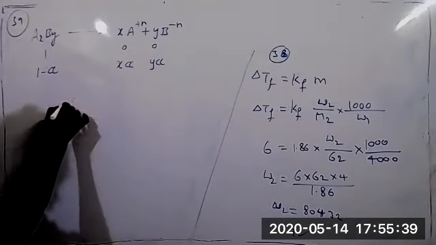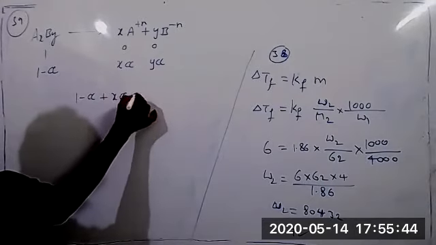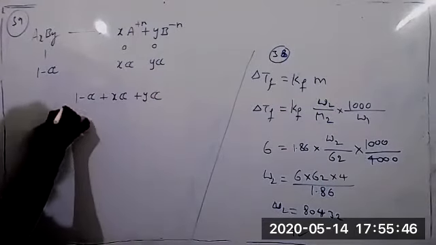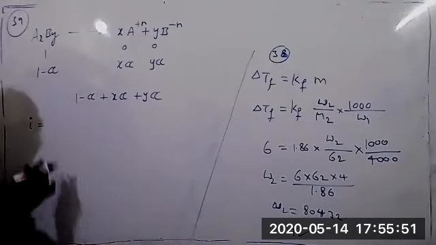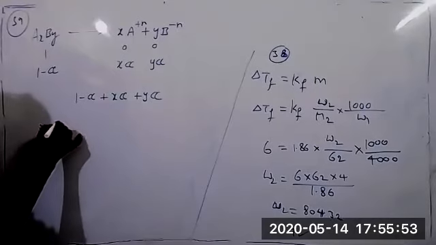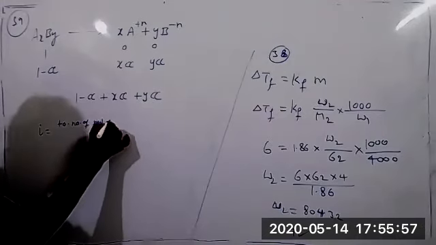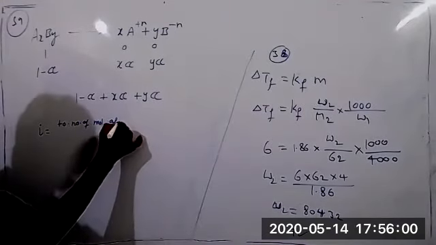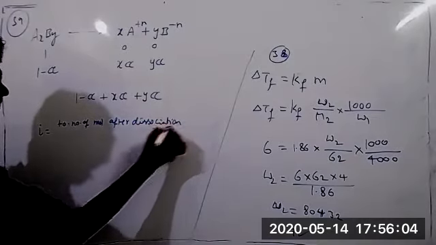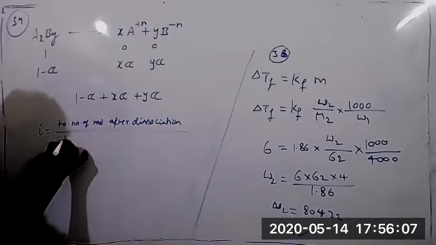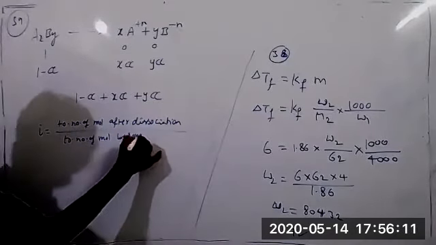So the total number of moles is 1 minus alpha plus x alpha plus y alpha. You know the formula, i is equal to total number of moles after dissociation divided by total number of moles before dissociation.